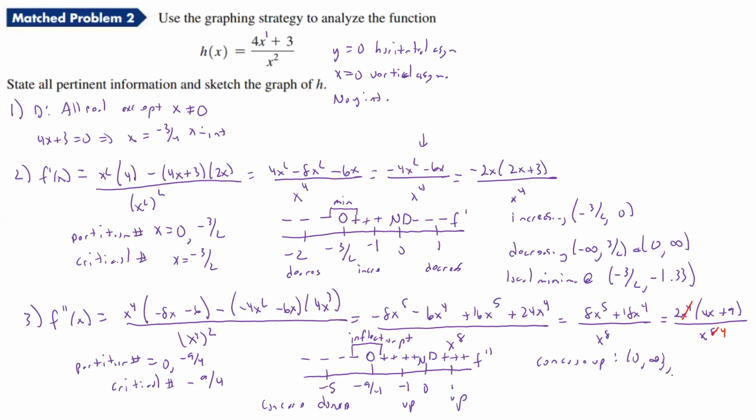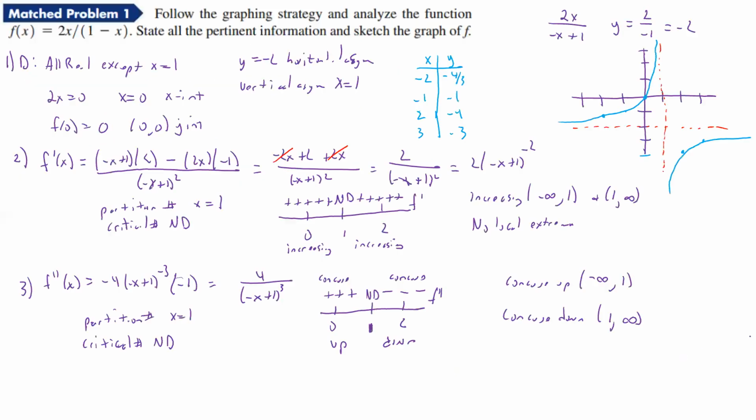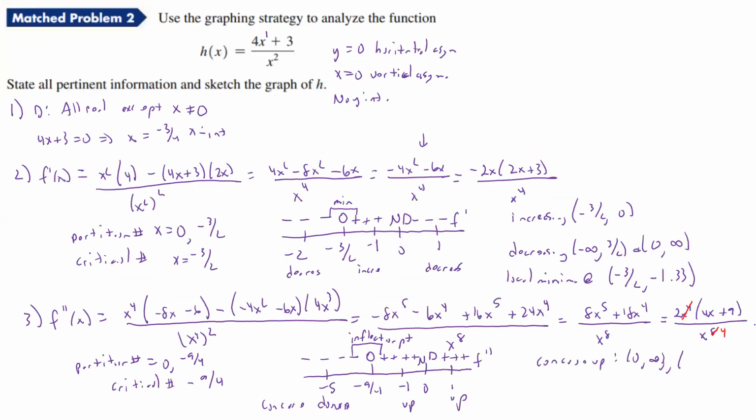Let's erase it. 0 to infinity, and then we'll put our negative -9 fourths to 0. Okay, and then it's going to be concave down from negative infinity up until the -9 fourths.